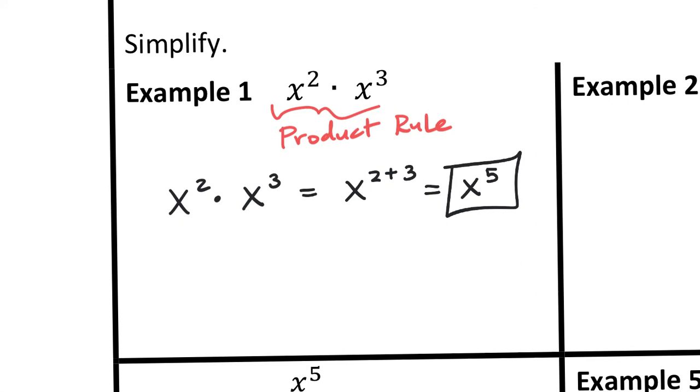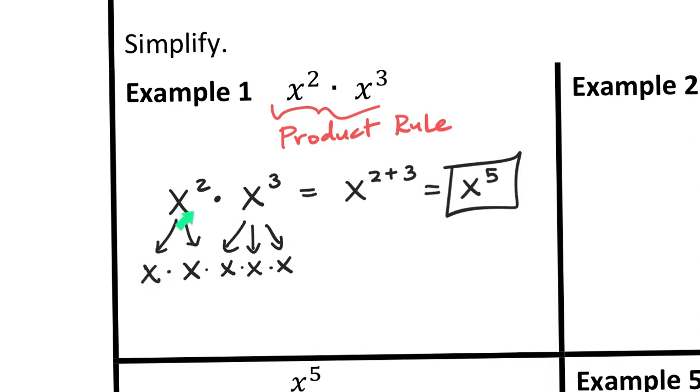Okay, so basically what's happening is, we can actually write x squared as x times x, right? And then we can write x to the third as x times x times x. And all these are multiplying.